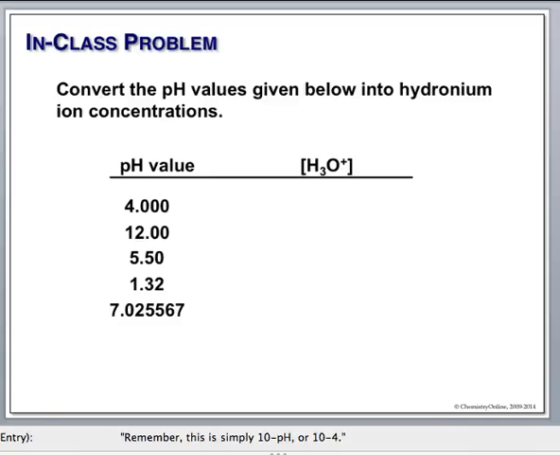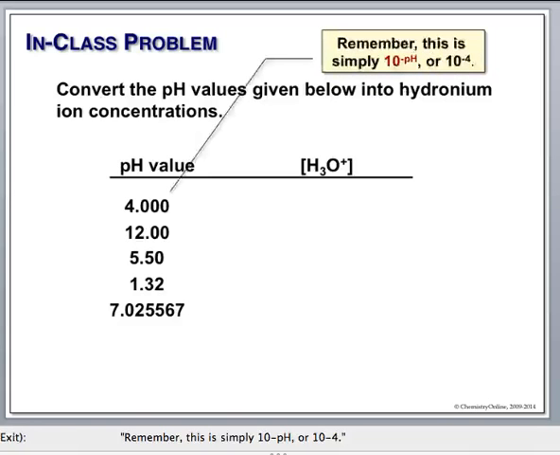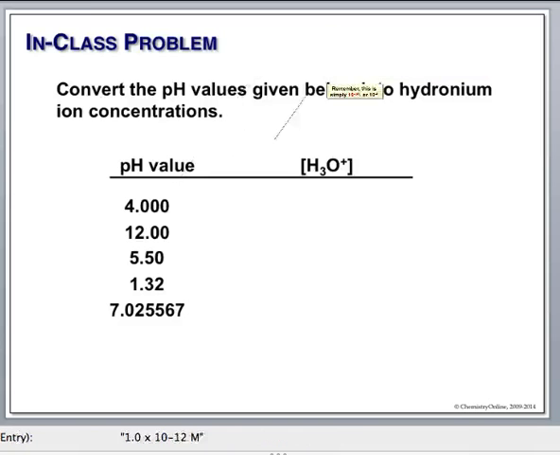Then we would hit 10 to the x. 10 to the minus pH is 10 to the -4. Our hydronium ion concentration is 1 times 10 to the -4 molar.